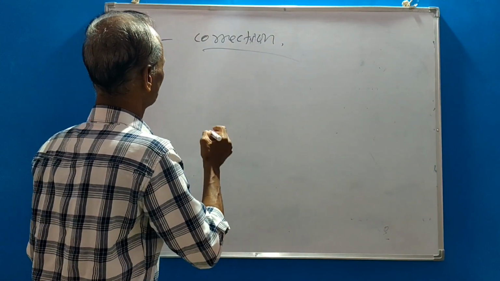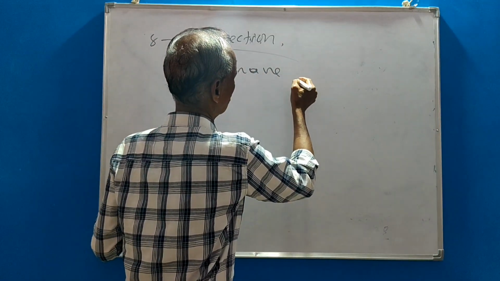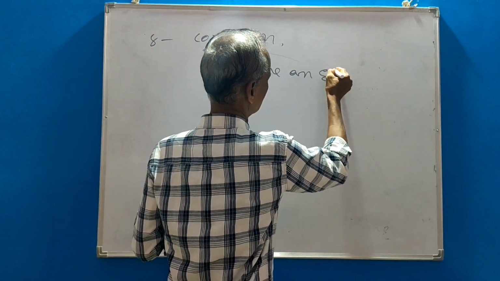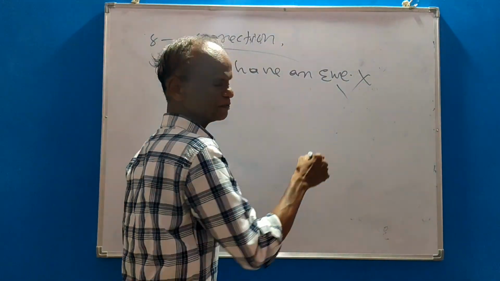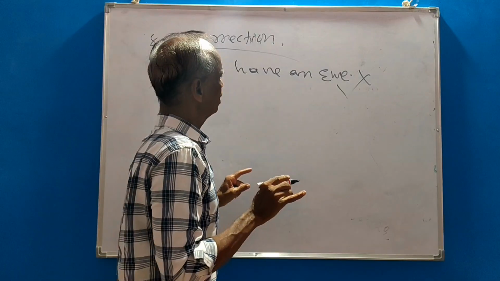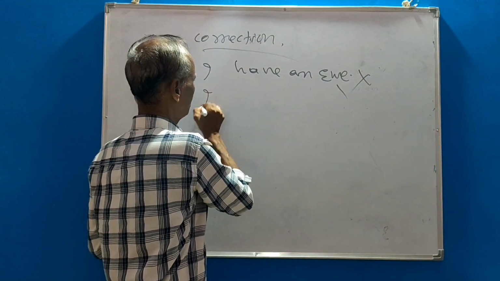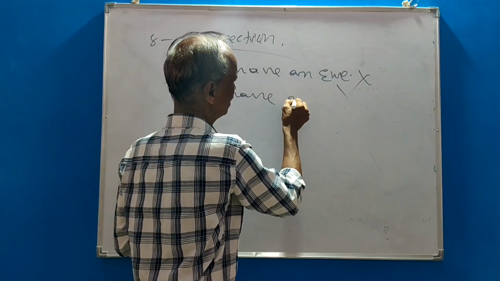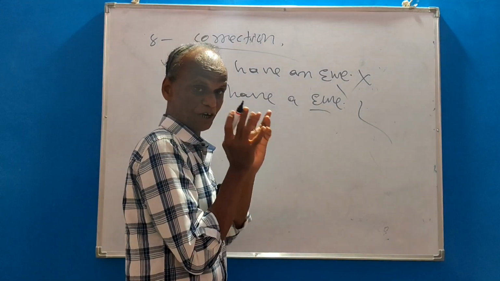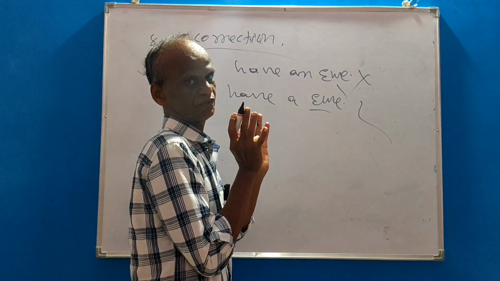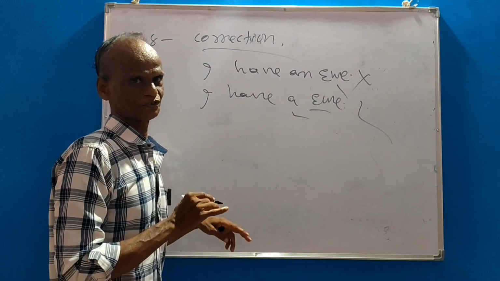For example, say "I have an eel." It is wrong. Or say "I have a eel." Hmm, the point is that though it is a vowel, it is pronounced with a consonant sound, so the article "a" is used.